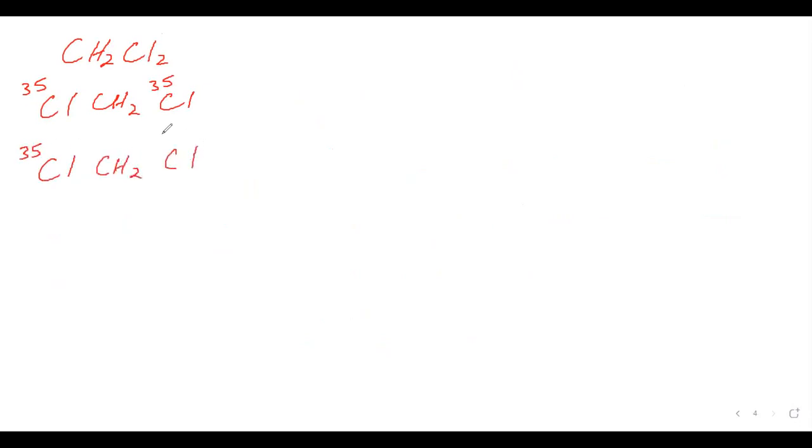It's the same if we have an organic molecule, CH2Cl2. Maybe both its chlorine atoms are chlorine 35, or one of them is 35 and the other is 37, or both chlorine atoms are the isotope chlorine 37. This means our molecular mass is carbon 12 plus 2, 14, 14 plus 70.